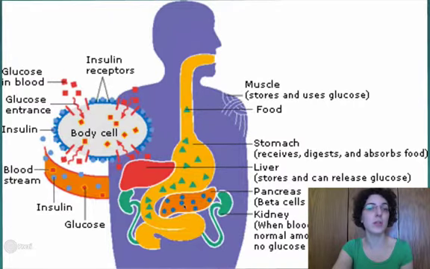So normally, when both the glucose and the insulin are in the bloodstream, which is represented by this orange line over here, although the glucose is red squares in this one, when it gets to the body's cells, the little blue insulin dots attach to the cell and open the doors for the glucose to go in. So in type 1 diabetes, the insulin is not available to attach to the cell. These little red doors stay closed, and the glucose stays in the bloodstream.